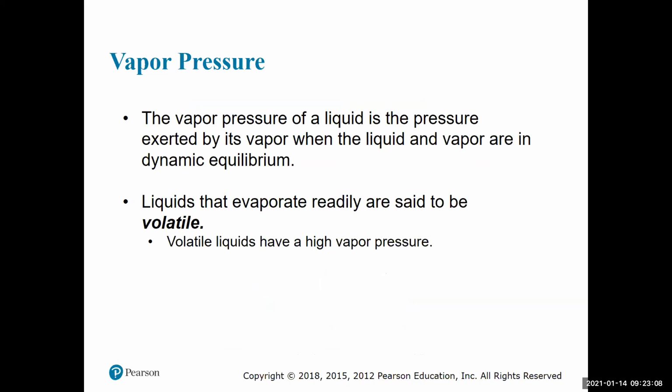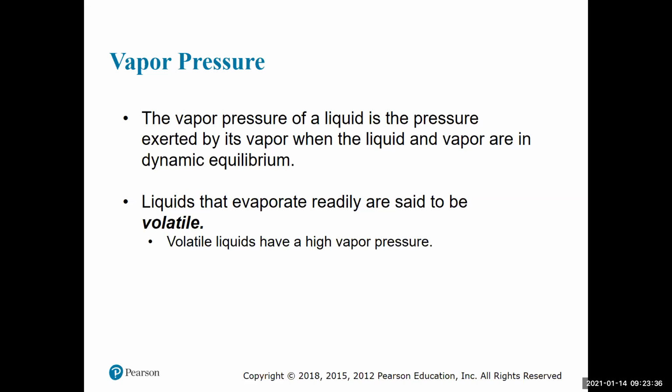And what volatility means is they have a high vapor pressure. Vapor pressure is the number of those molecules in the gas phase above the liquid when it reaches equilibrium. The more of those that are up there, the higher the vapor pressure. And by association with that term, those are the things that are volatile.